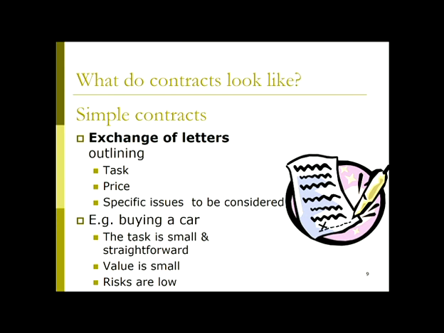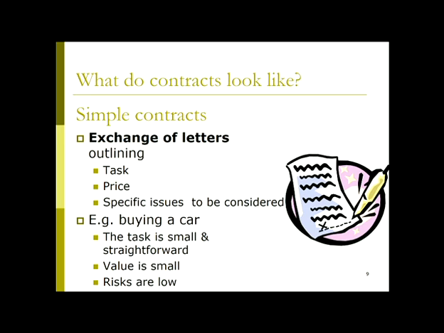Okay, so what does a contract look like? Now, it can be a very simple contract, which will involve essentially what can be thought of as just an exchange of letters, which simply outlines the task, the price, and any specific issues to be considered.